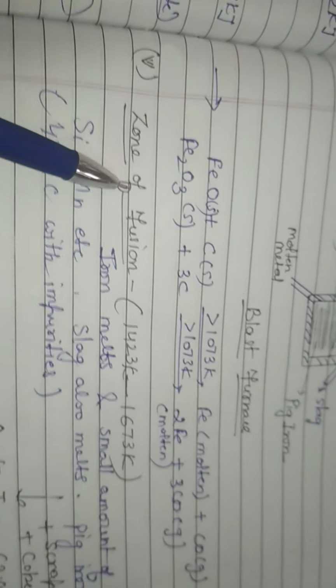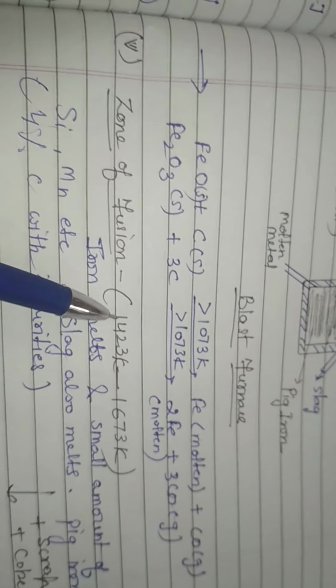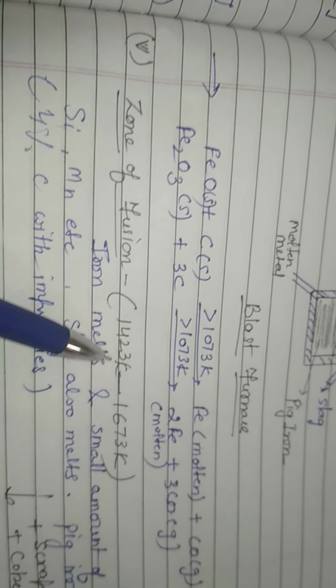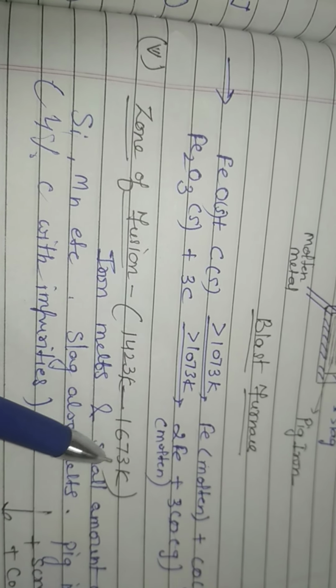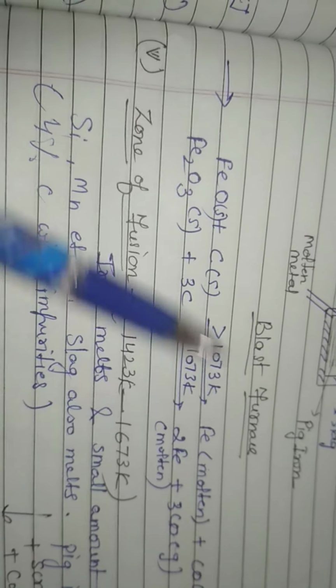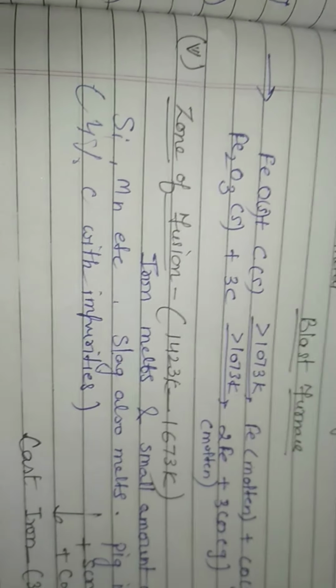And now the next zone is the zone of fusion. That is the last zone, having the temperature 1423 Kelvin to 1673 Kelvin. This is the lower part of the furnace.